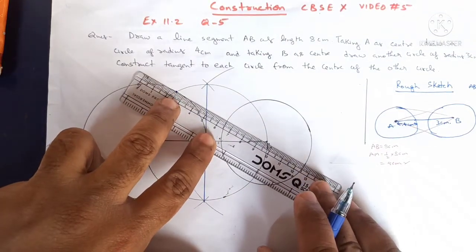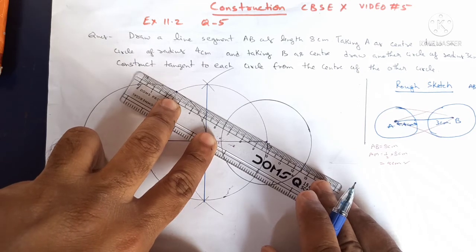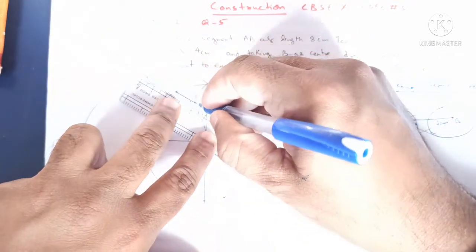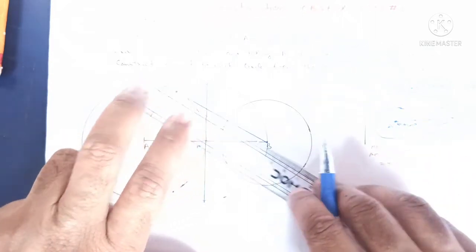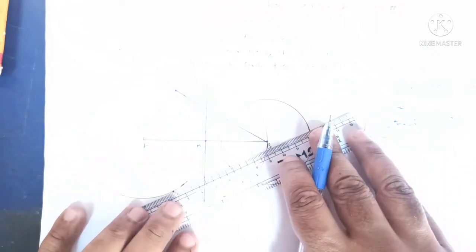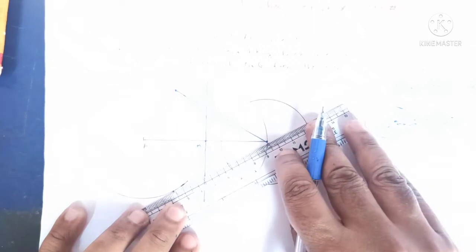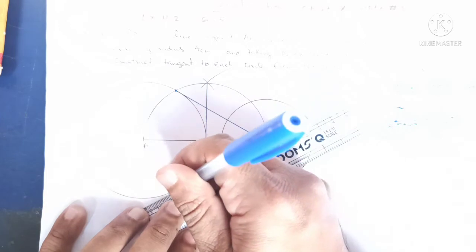We will get the tangents on the bigger circle like this, and similarly over here also.